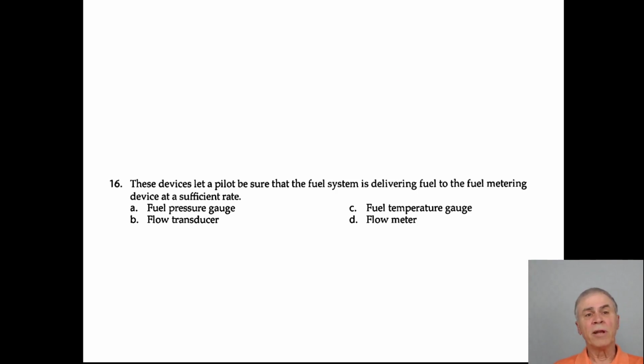These devices let a pilot be sure that the fuel system is delivering fuel to the fuel metering device at a sufficient rate. Well, that would be our fuel pressure. Let's see if any of them have it. It does say fuel pressure gauge here, so I'm going to say that that's what we're looking at.